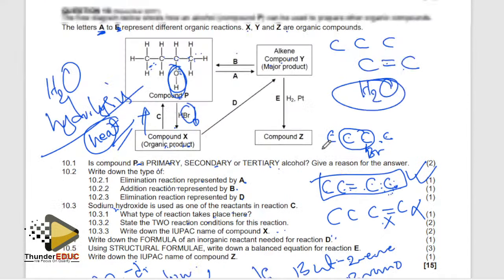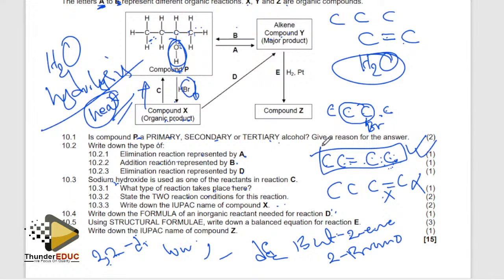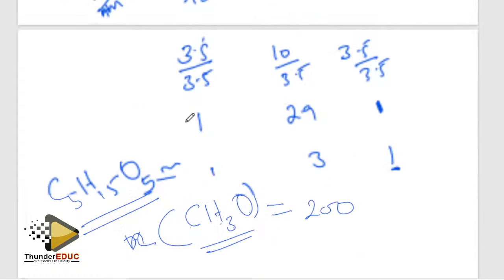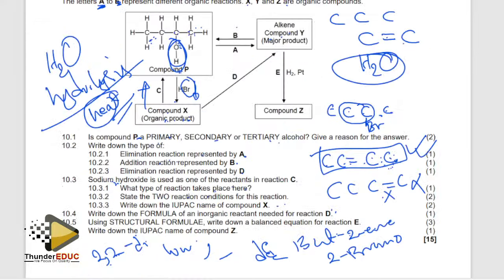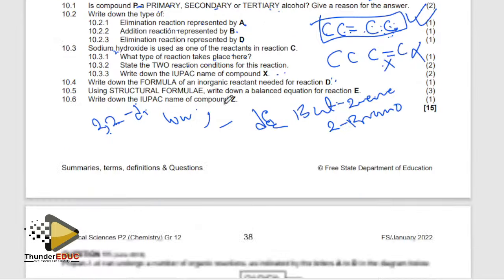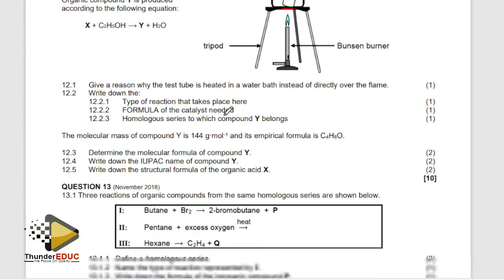If you don't have it, take a screenshot and then try to practice them. At least try to cover most of them. And don't forget to know the esterification. Don't go without knowing esterification. Why is sulfuric acid being used? We said as a catalyst. Please make sure you know that.